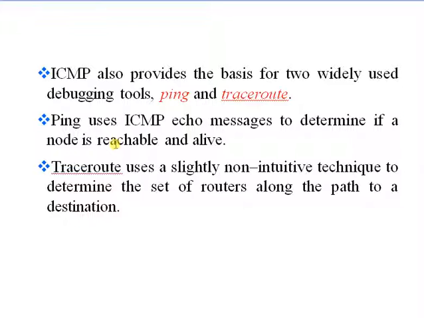Traceroute uses a slightly non-intuitive technique to determine the set of routers along a path. It checks the routers present in the path along which the packet flows. These are the two debugging tools we use with ICMP messages.